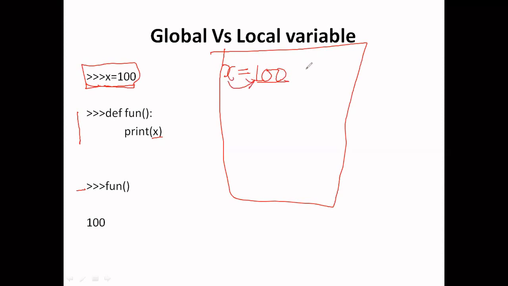So in the global namespace, this variable will be stored like variable name will be treated as a key, and the object will be treated as its value. So this variable will be stored in the global namespace.